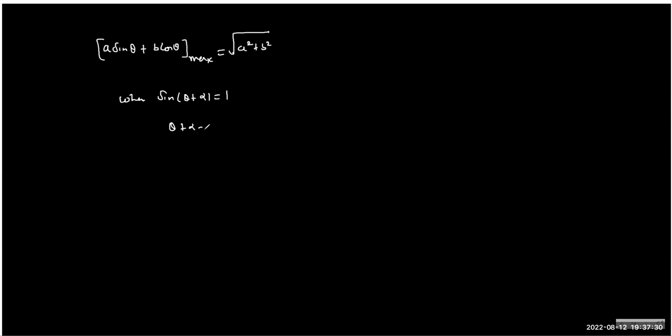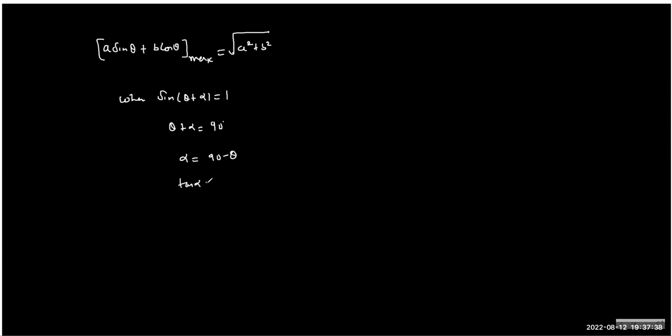Yes. So this is what you have to always remember: for A sin theta plus B cos theta, the maximum possible value is root of A square plus B square, and for some angle it will be maximum. When sin(theta plus alpha) is 1, which means theta plus alpha is 90 degrees, alpha is 90 minus theta.